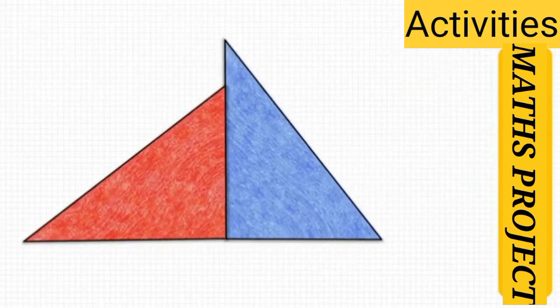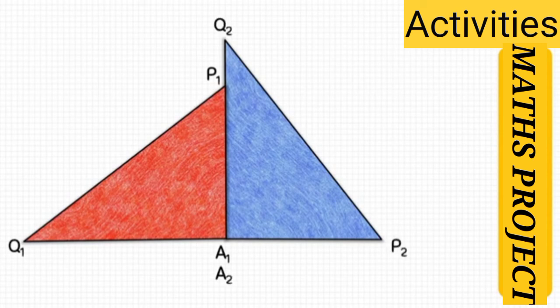Next, place both the cutouts as shown here. Name the red angle as angle P1 A1 Q1 and name the blue angle as P2 A2 Q2.